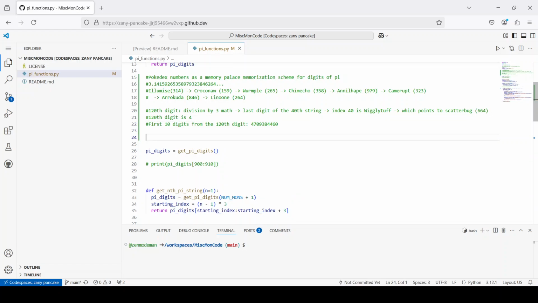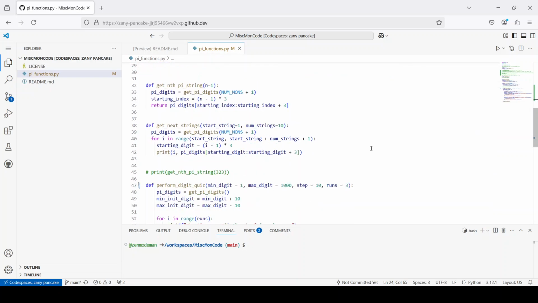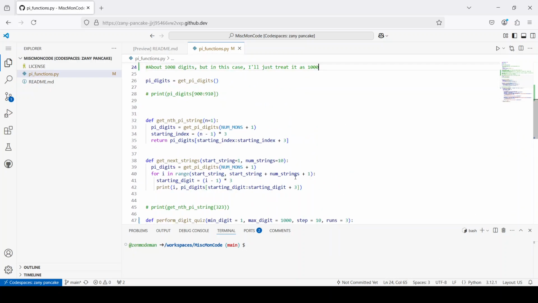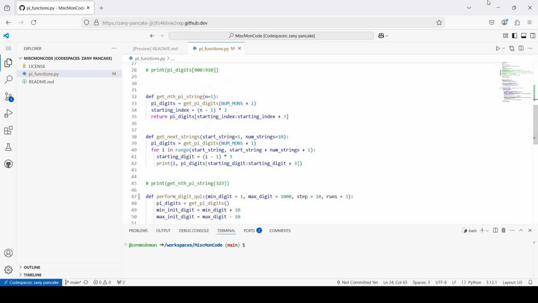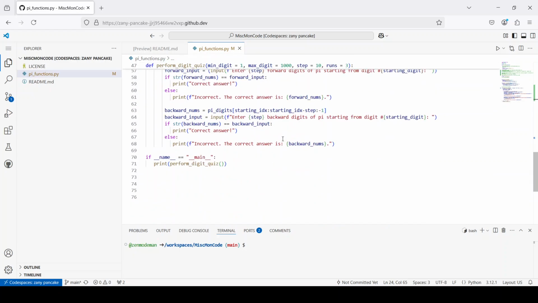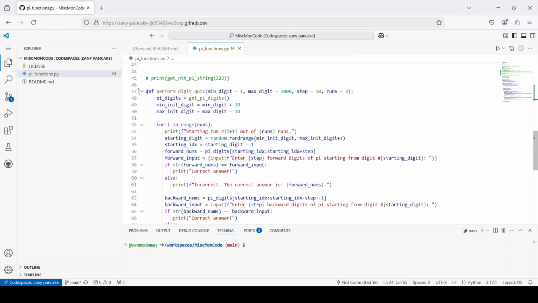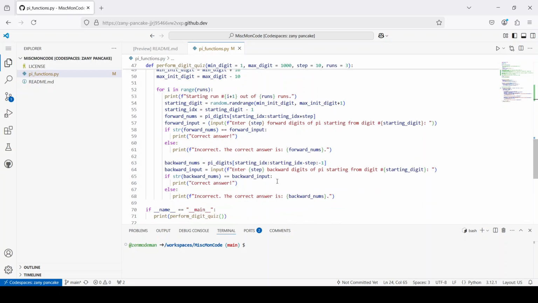Up to this point, I've memorized about 1,008 digits. But in this case, I'll just treat it as 1,000. To play around with my memorizations and give a demonstration, I'll be doing this simple Python quiz that I've set up.